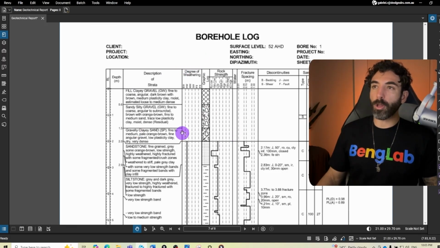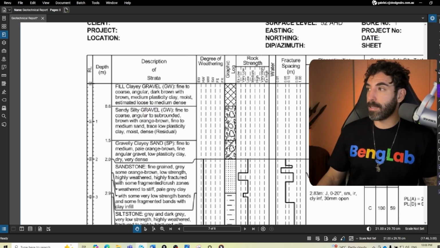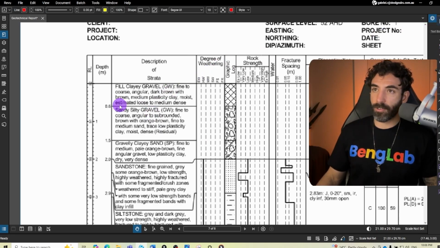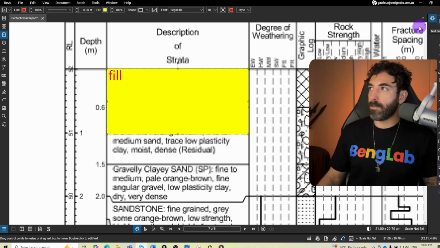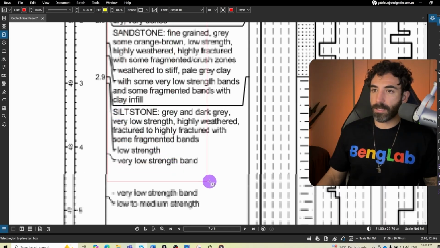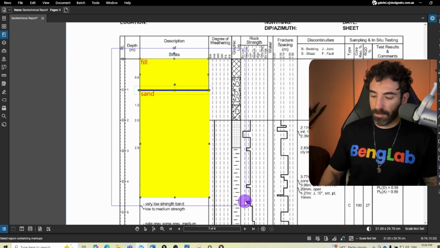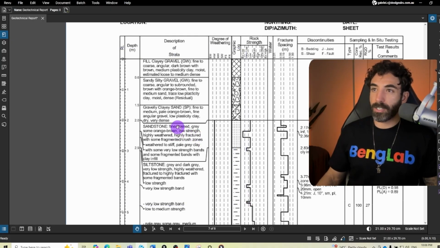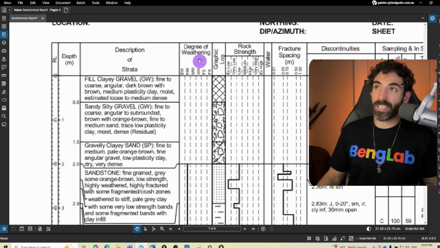If this borehole log was for the geotechnical report that we just read, we would have, for the first meter, a sandy fill, and then from 1 meter to 4.5 meters would be our sand. But on this specific borehole log, there's a lot of rock. So on the fourth column, there's a degree of weathering.